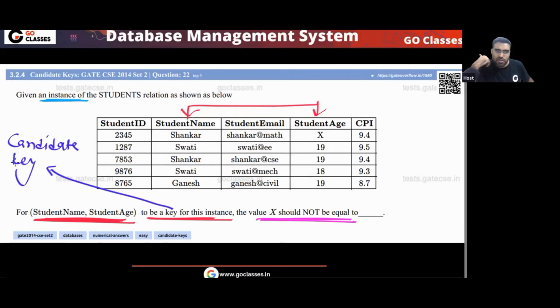But in this question, it does not matter. Even if you take it as a primary key, super key, or candidate key, it will not matter.